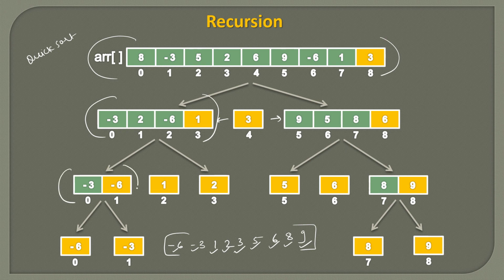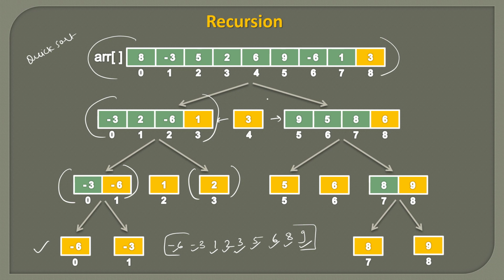Then we took the left part again, we did the same steps, and finally we got minus 6 and minus 3 at 0 and 1 index, which are sorted. And after taking this left and right part and sorting them, this left part was done properly. Then we picked the right part of this pivot and this was sorted. And after we sorted this, all the elements were done for the first left subarray.